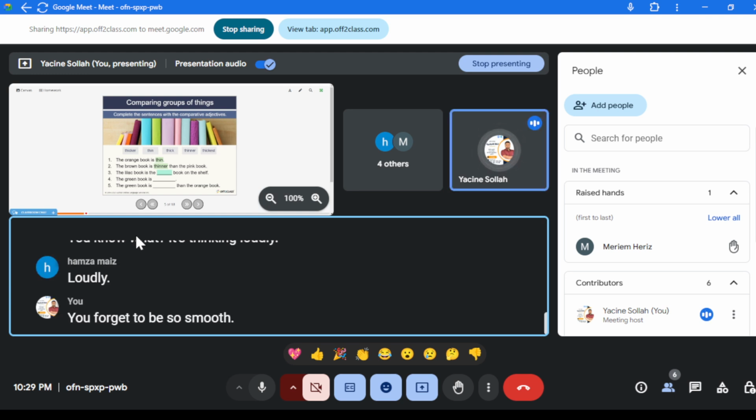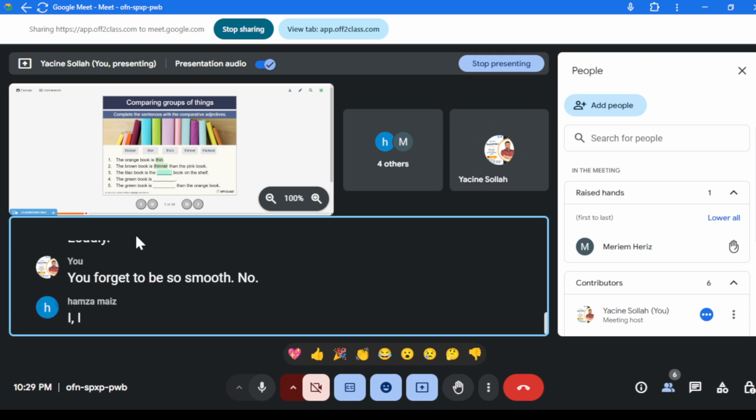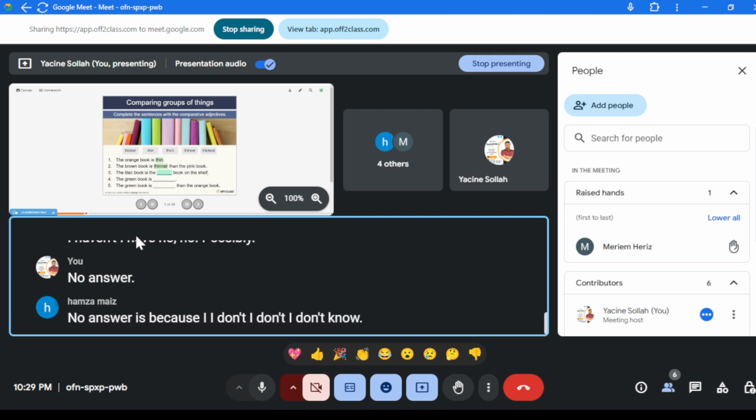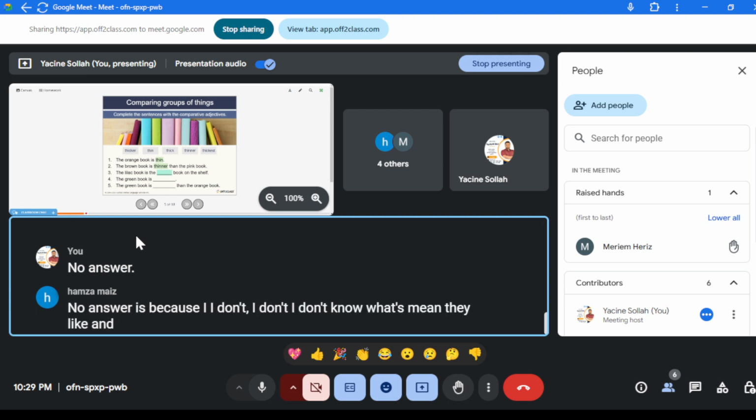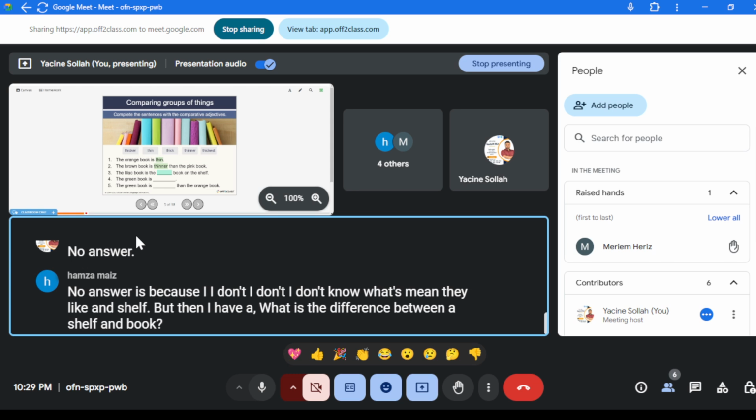Let's wait for him. No answer. I don't know what lilac and shelf mean. What is the difference between a shelf and book? What's the relationship, you mean?